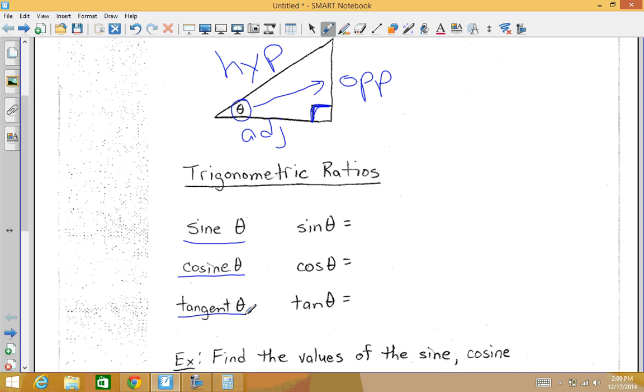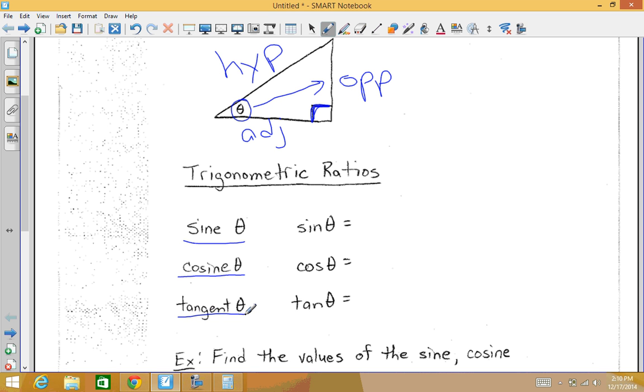They have the abbreviations SIN for sine, COS for cosine, and TAN for tangent, and it's always of an angle. In this case, we're speaking about theta. Trigonometric ratios are exactly as you would think: they are ratios of sides.